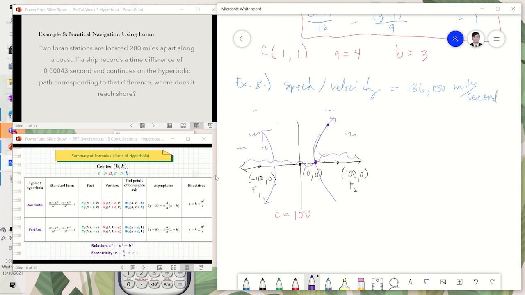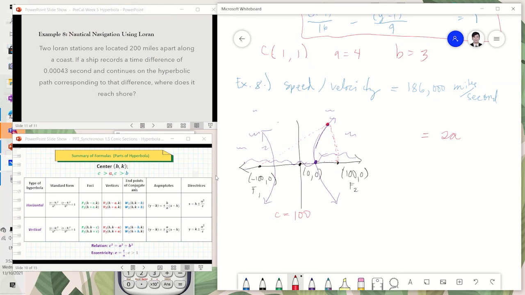Similar to yesterday, always remember this is the constant, the concept behind a hyperbola. The distance from one focus to the location of the ship, or one of the points on our hyperbola, from here to here, and from here to here as well. Take note that there is a positive constant that you can come up with when you find the difference of the two distances, and that is represented by 2a.